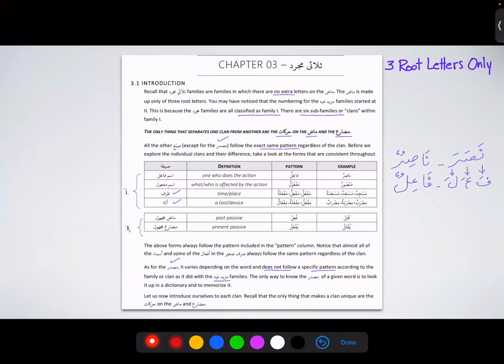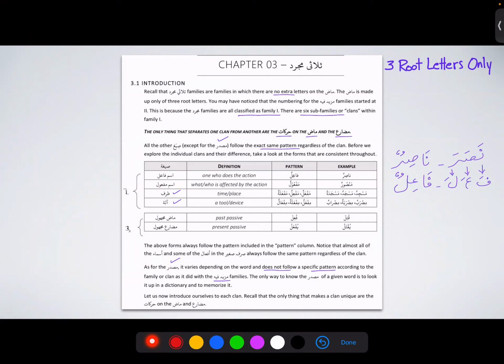So this family, the name is Thalasi Mujarrid. What is the name? Thalasi. Thalasi means 3 and Mujarrid means original. So originally there are only 3 letters in this family. We are not going to find any 4th letter in it, unlike Mazid Fihi families.